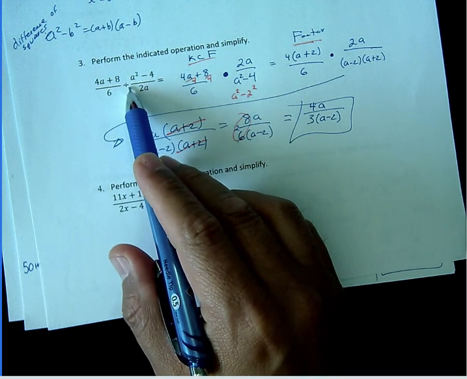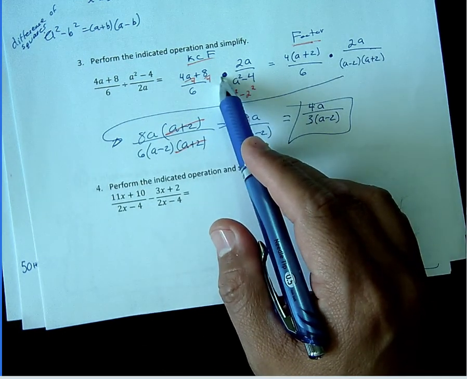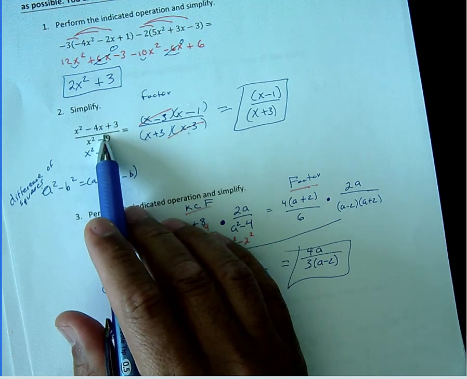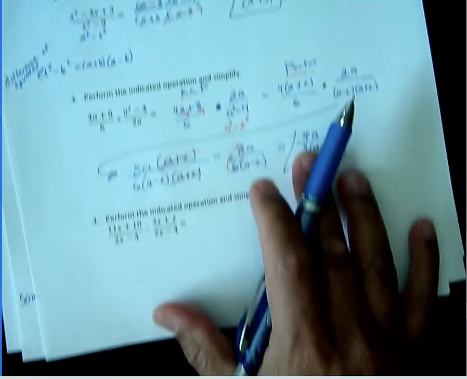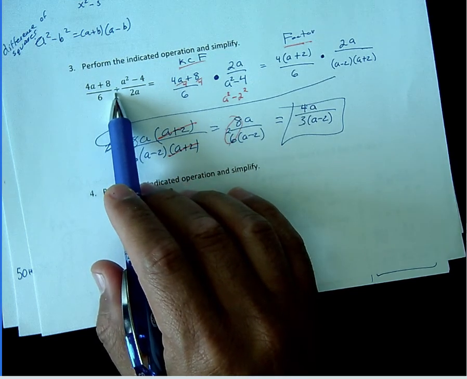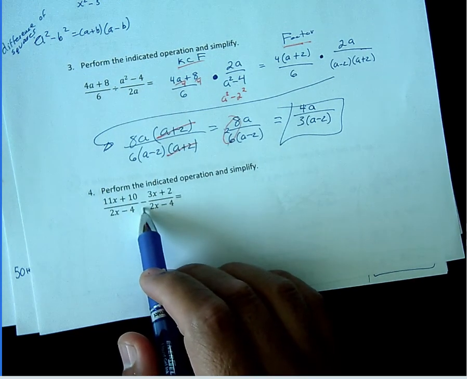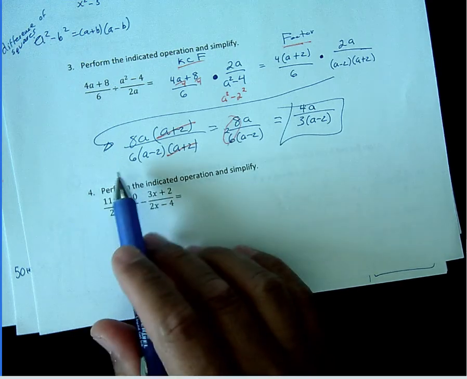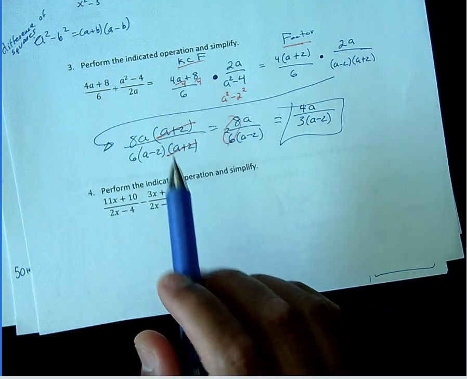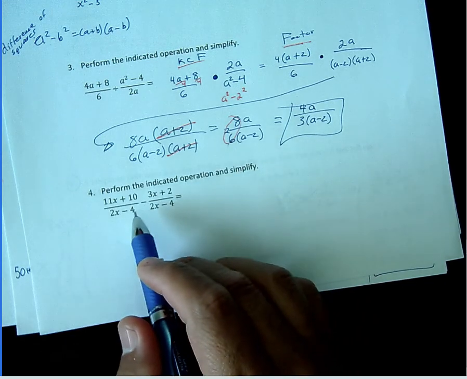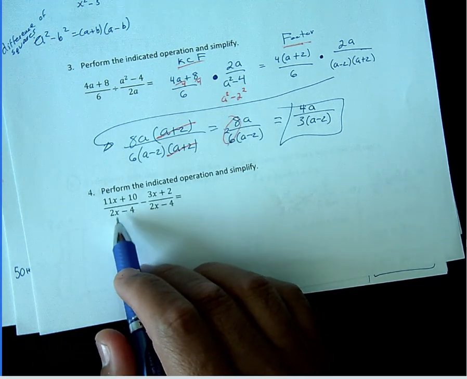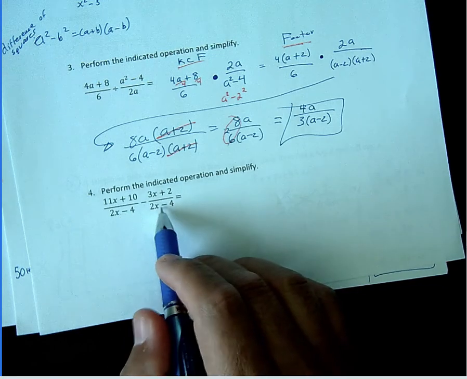This one is a division, multiplication where you flip it. This is just a really basic one over the other one. They did a division. Now we're adding and subtracting. But at the end, you're going to have to factor and try to simplify stuff. So from here, we got lucky because these denominators are the same.